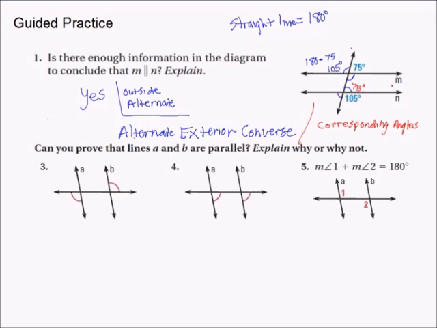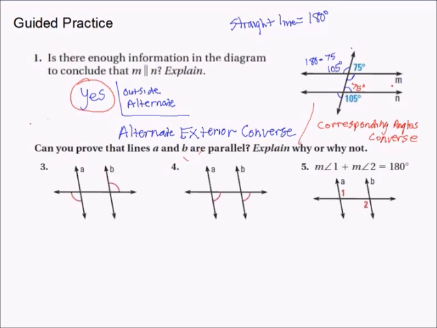So you could use either the alternate exterior converse, or you could use the corresponding angles converse postulate. So you can put converse right here. I did that two different ways, and we both came up with yes. You do have enough information to say that M and N are parallel.